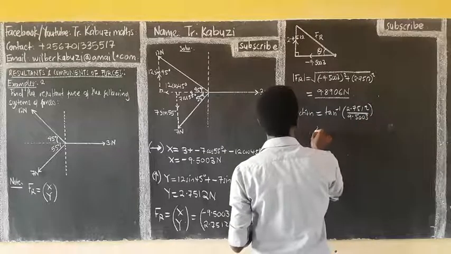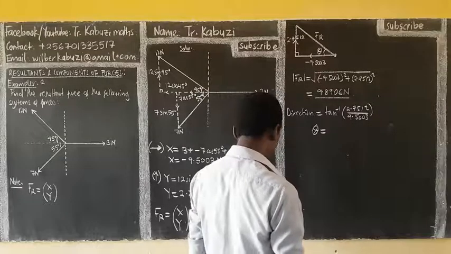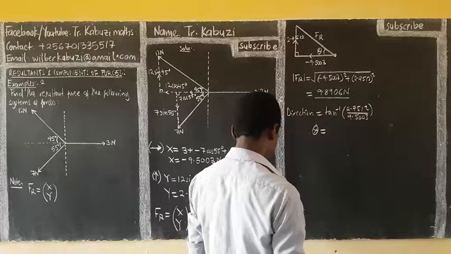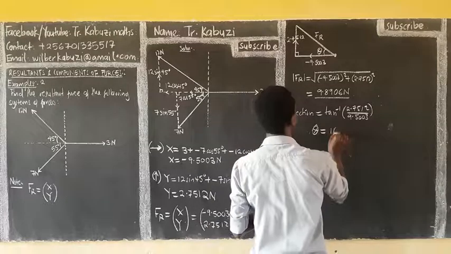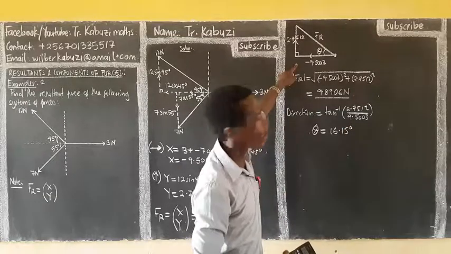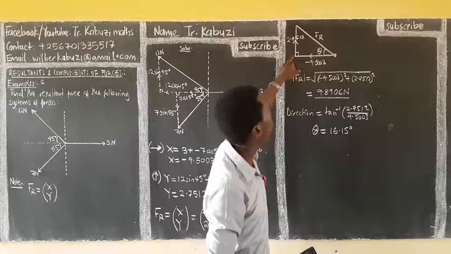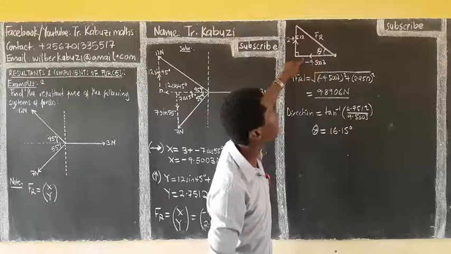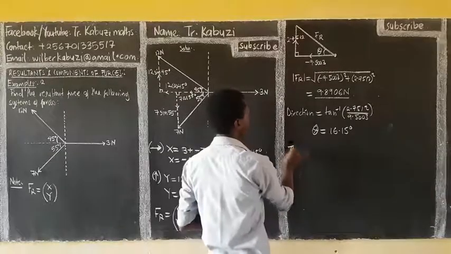So our theta here is going to be 16.15 degrees. Basing on this, that's how you give a description when you are describing. This one is going to be in the second quadrant. Here you have to give from which force: above the horizontal force.